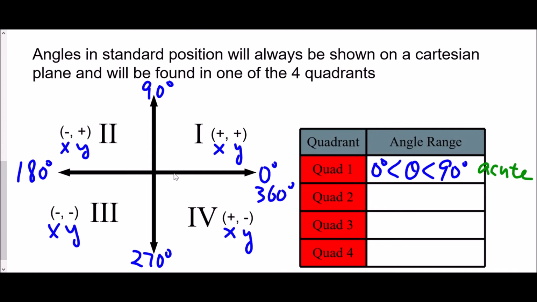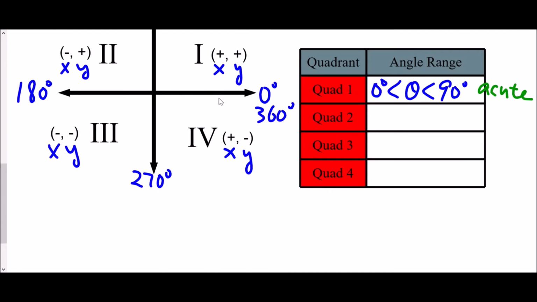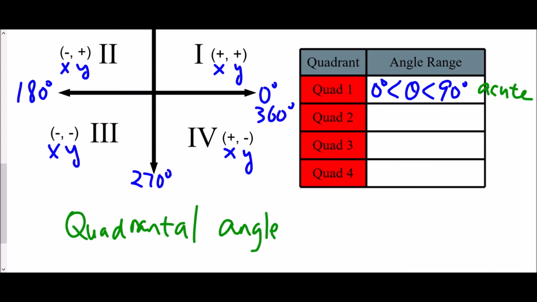Notice that we do not include the angles here, here, here, and here. All these angles right on the positive and negative x-axis and the positive and negative y-axis, we call quadrantal angles. So these are the angles right on the x and y axes.